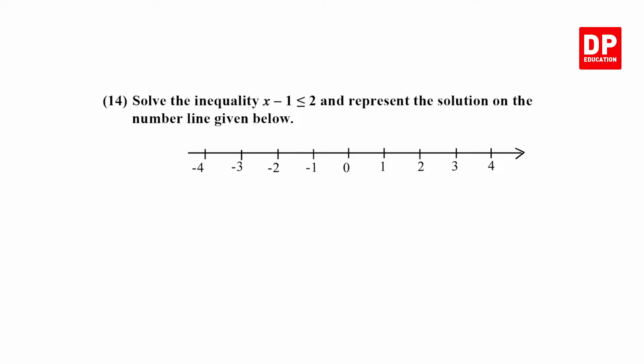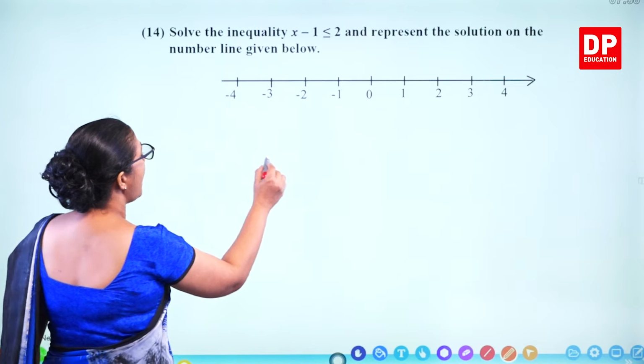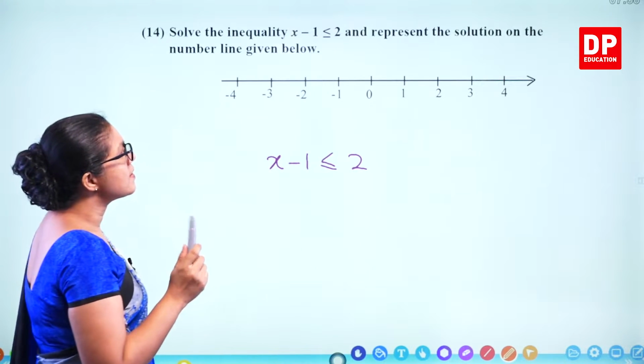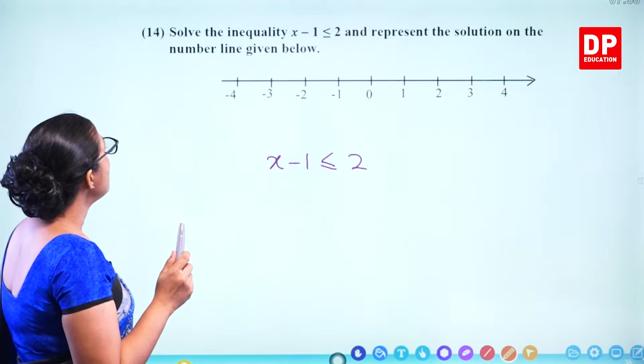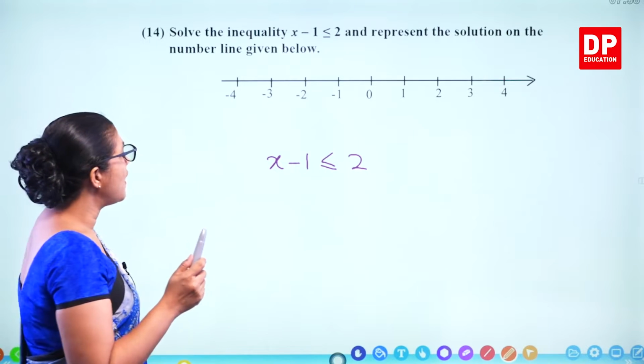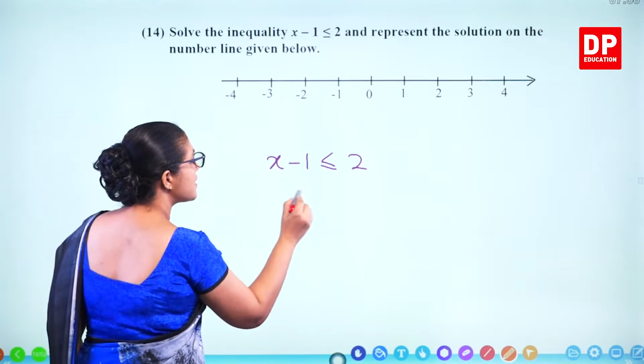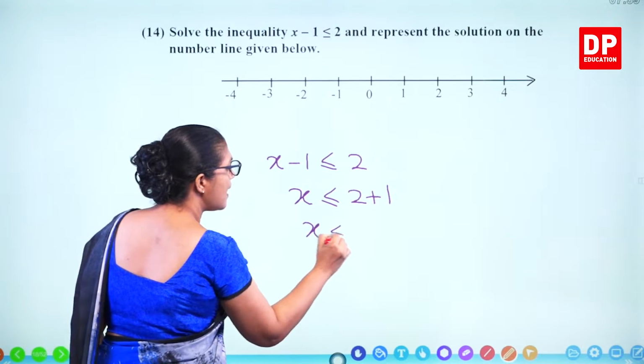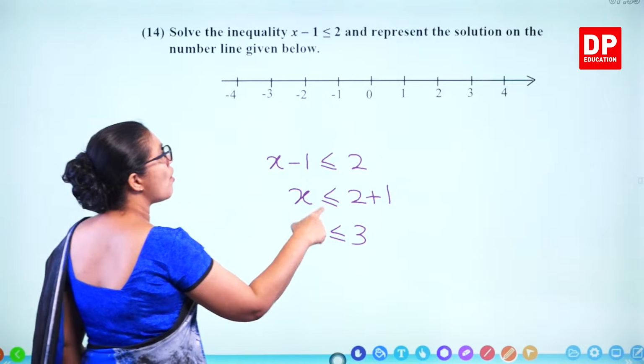Question number 14. Solve the inequality x minus 1 less than or equal to 2 and represent the solution on the number line given below. So we'll solve that first. Take minus 1 to the other side. X becomes 2 plus 1. That's x is less than or equal to 3. 3 is also included.